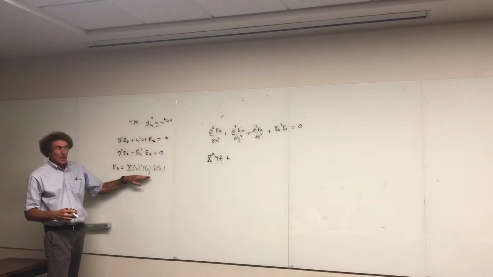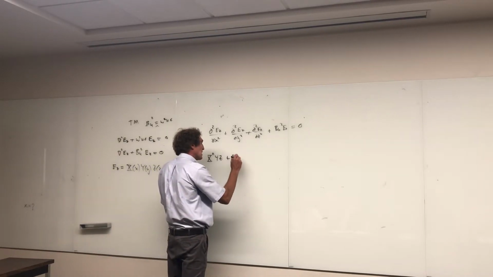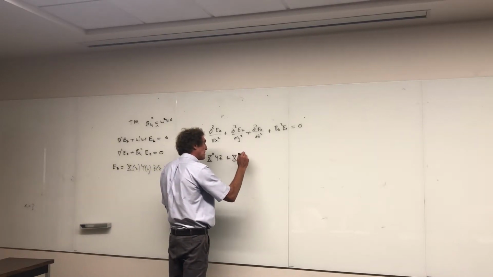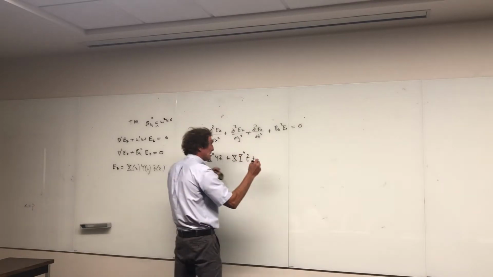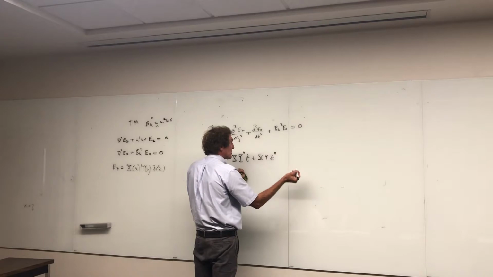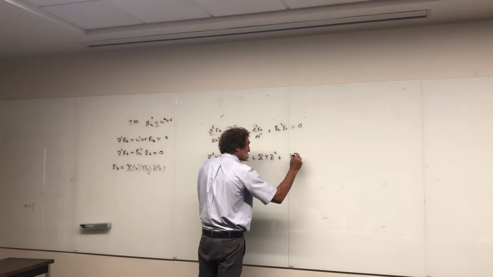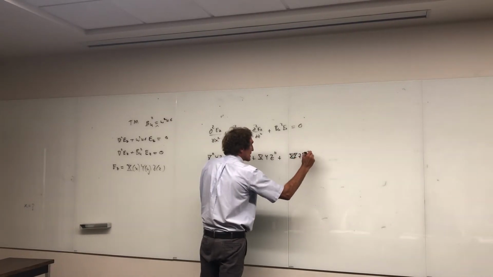I get xz, y double prime. So I got x, y double prime, z, and finally, now I get x times y times z double prime, right? And then I got plus x, y times z here, times beta unguided squared equals 0.